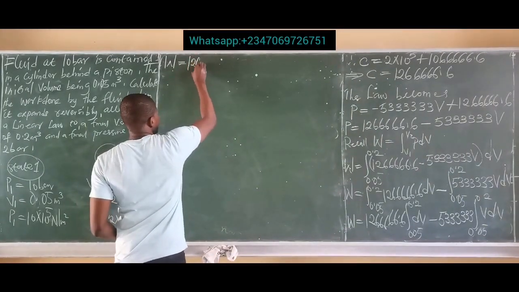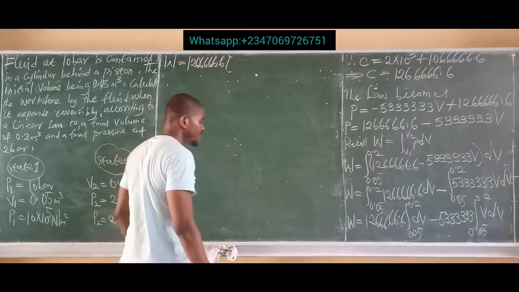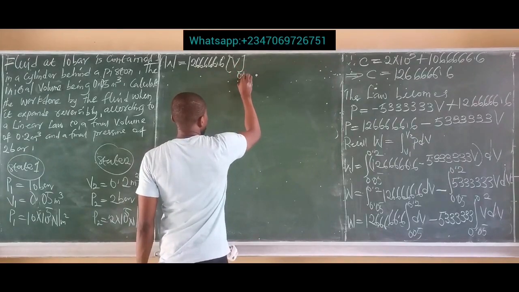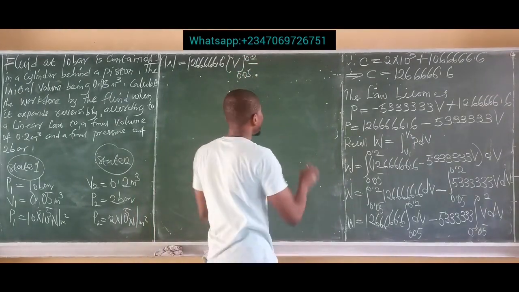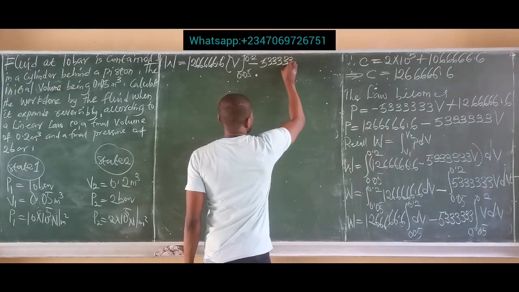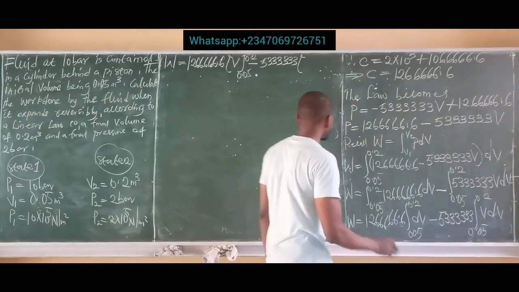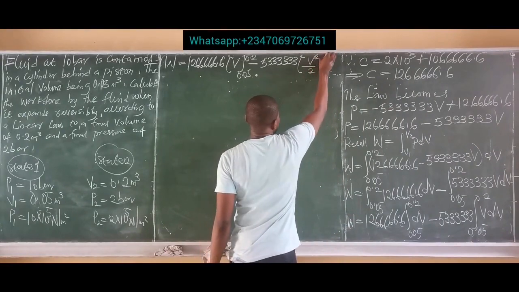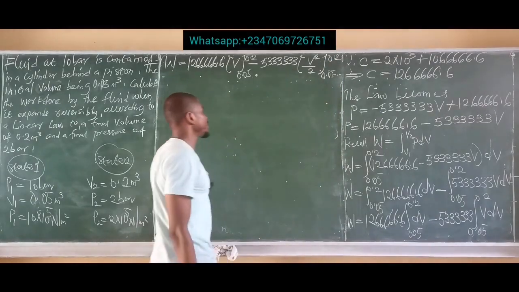I have 12666.6 into integrating the V, I will simply have V. Put in your limit 0.05 to 0.2 minus, now you put down the second number, 5333333, integrate V. If I integrate V from the rule of integration, I will simply have V squared all over 2. Put in your limit from 0.05 to 0.2 and you have that.